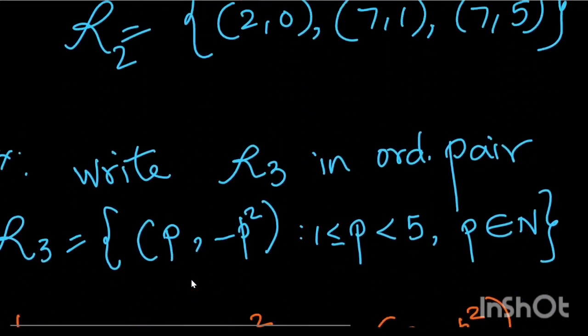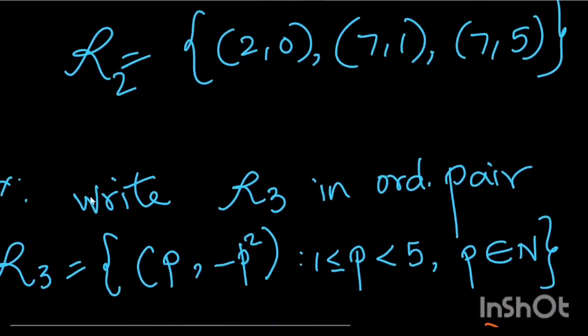Now similarly, you try this also. Write R3 in ordered pair form, where R3 is (p, minus p square) and p is greater than or equal to 1 and less than 5, p a natural number. So how will you define R3? This should be understood as minus of p square. So p is from 1 to 5, and p is a natural number.